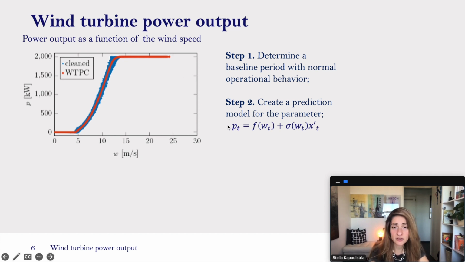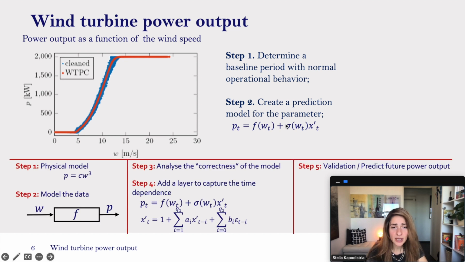We would like to compute a stochastic process for the power output P over time T, which is a function of the wind speed, plus some notion of an error. We had multiple physical models with precisely this cubic law. We modeled the data, analyzed the correctness of the models, added a layer to capture the time dependency, because wind has a time dependency, and we validated the model.